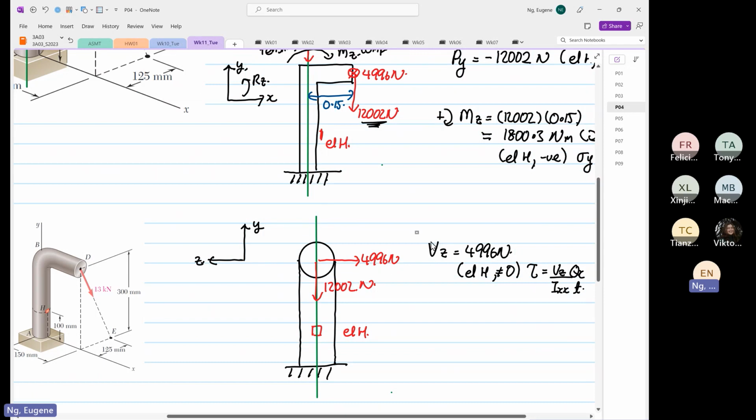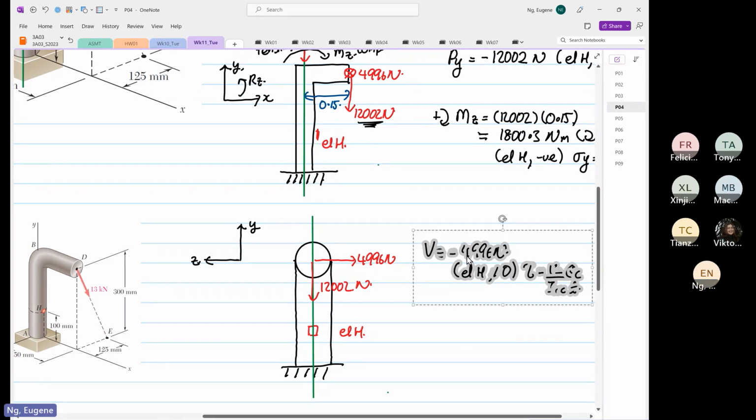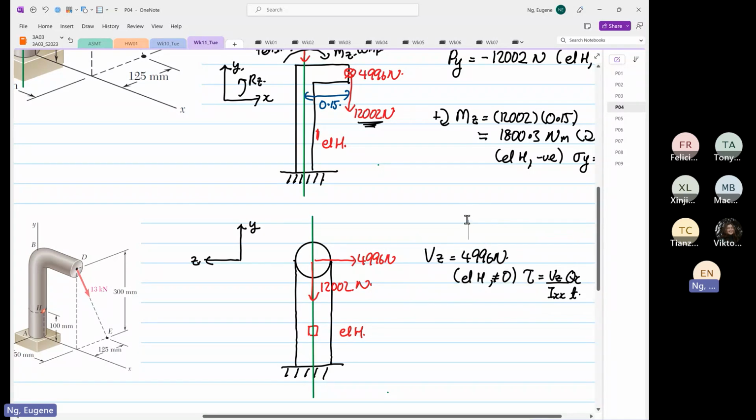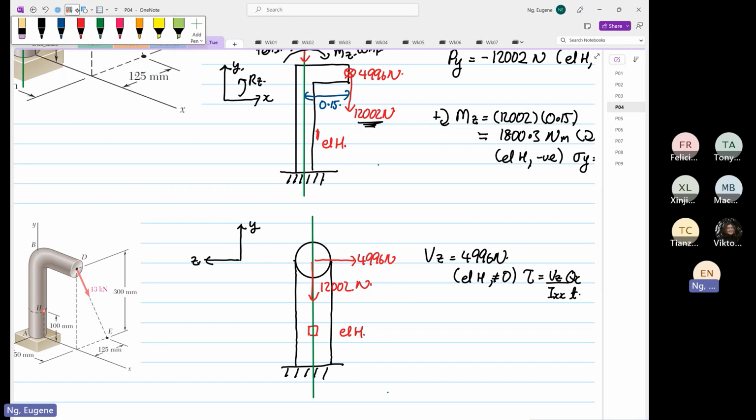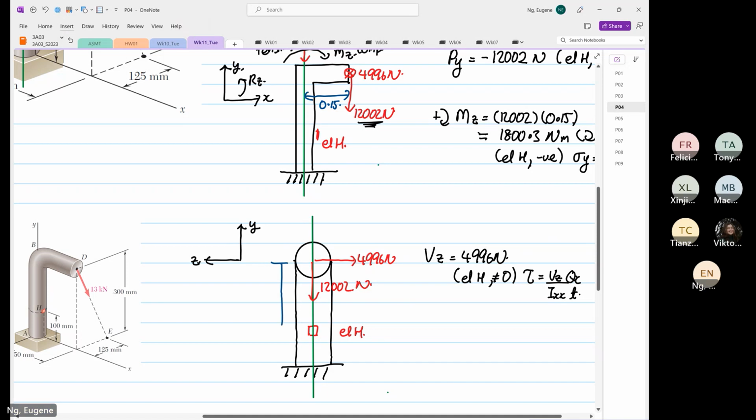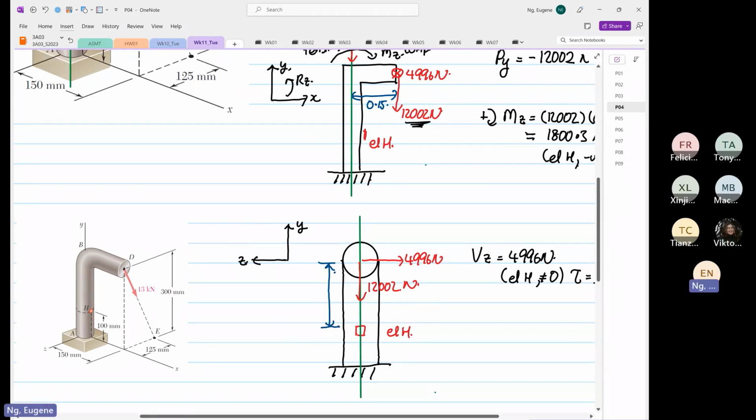For this case, it will not, as you can see. The 4996 is acting perpendicular to the centroid, so we do have a perpendicular distance from here to here. That perpendicular distance is 300 minus 200, so it's 0.2 meters.